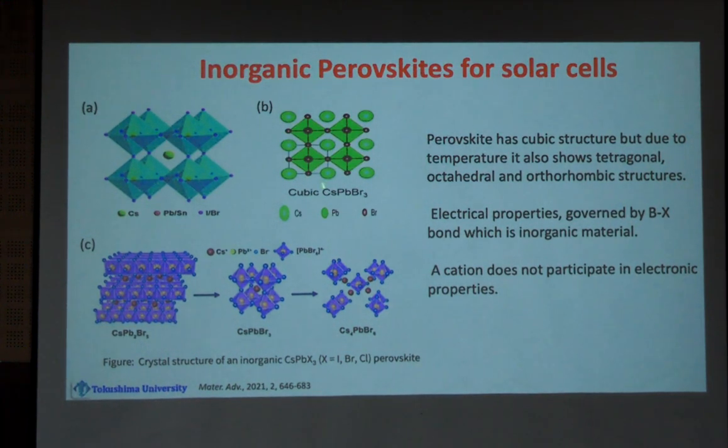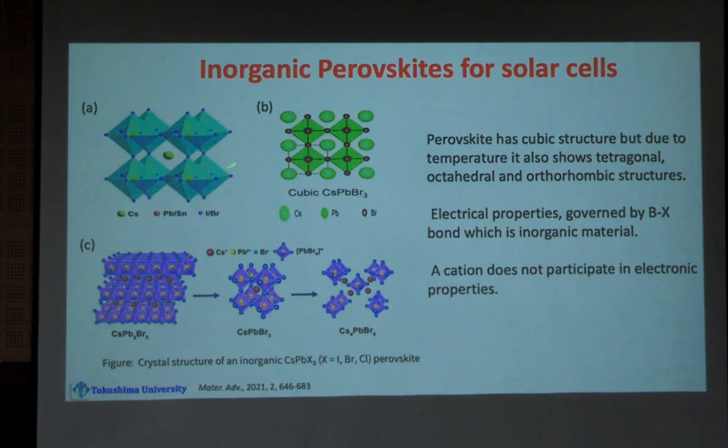Perovskite means such a combination, CsPbBr3. This material is basically cubic, but due to temperature it also occurs in different forms such as tetragonal, octahedral and orthorhombic structures.